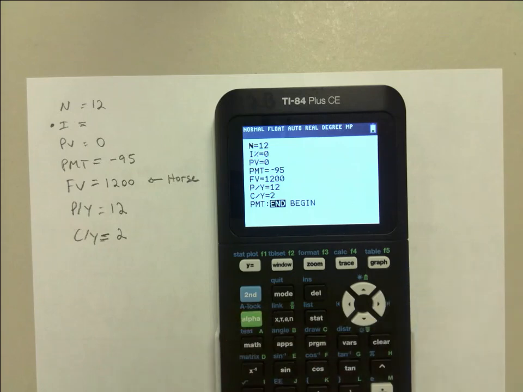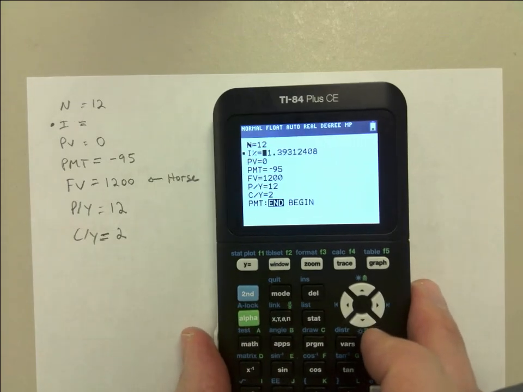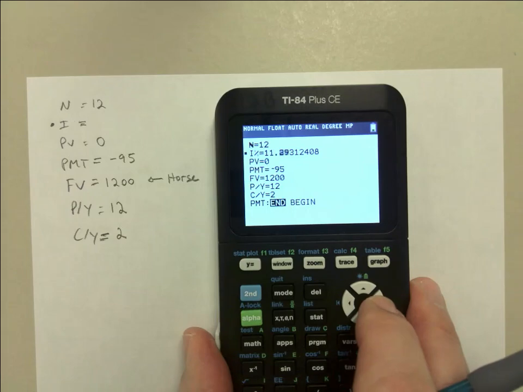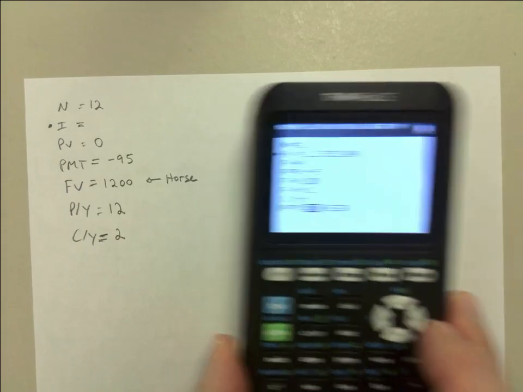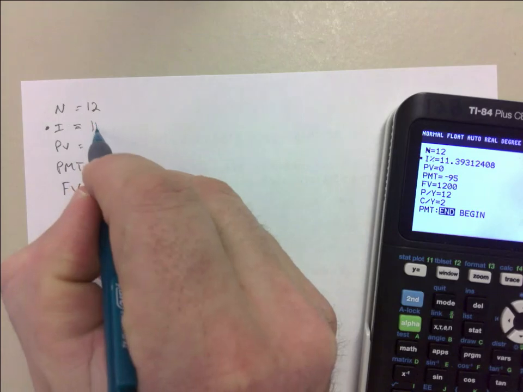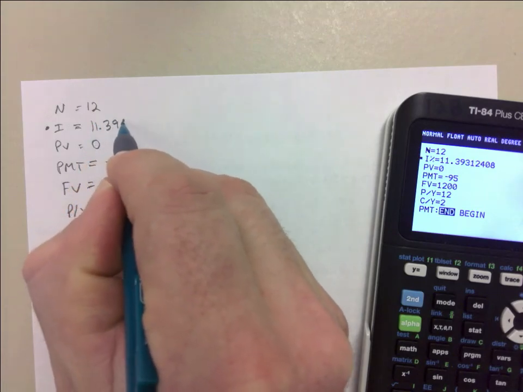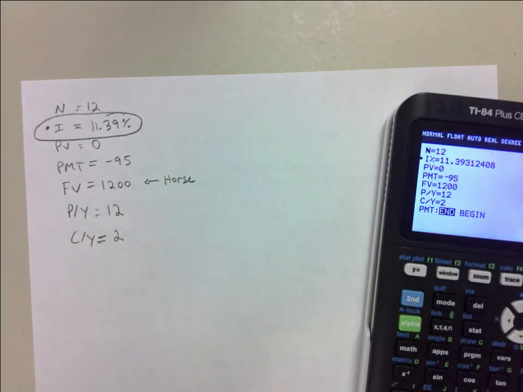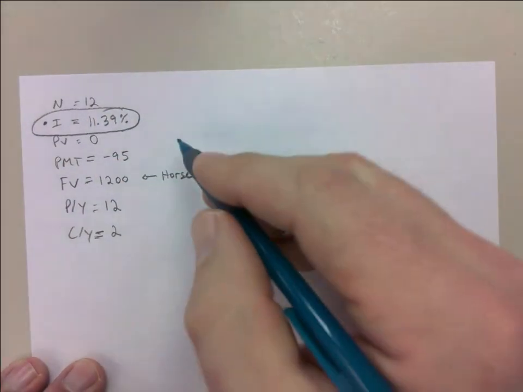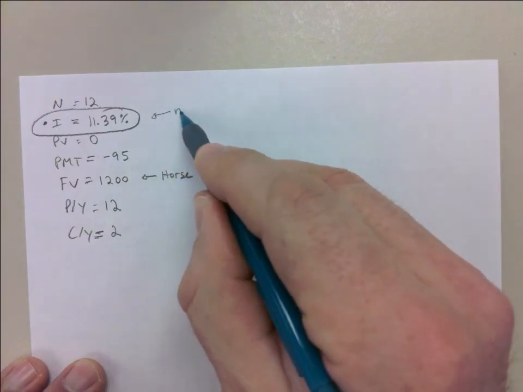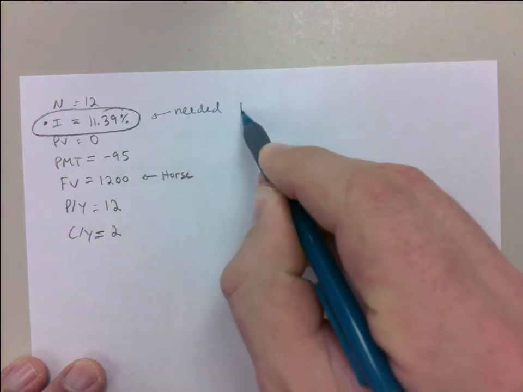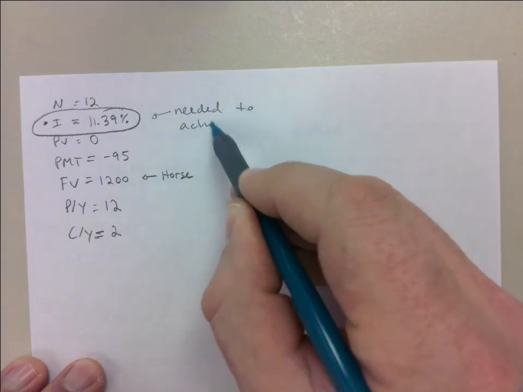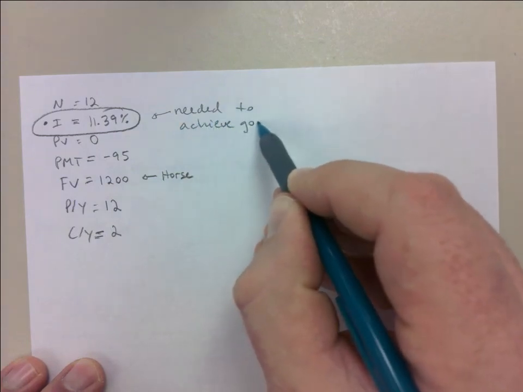You go to interest, alpha, enter, and you need an interest rate of 11.39%. Okay? 11.39% needed to achieve the goal.